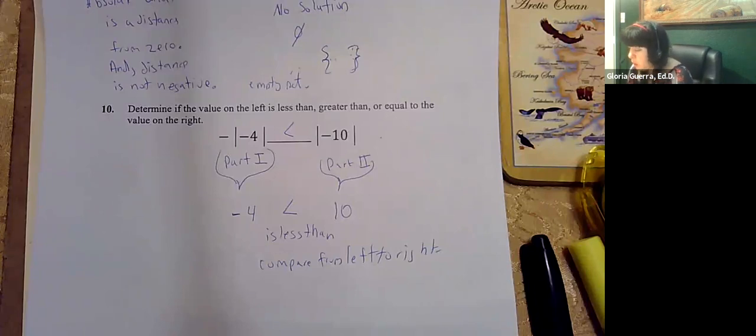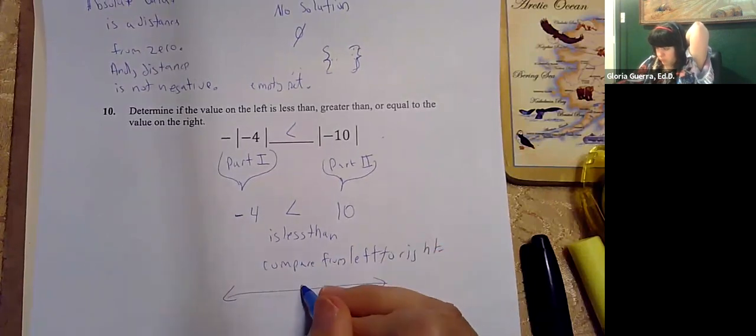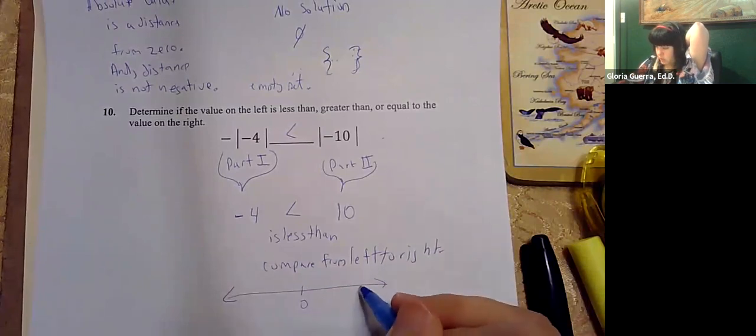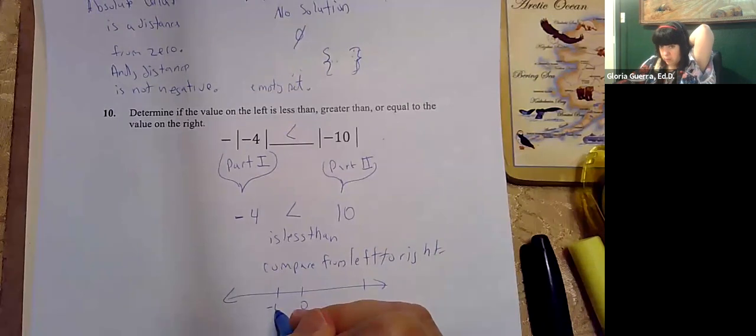I was going to draw a number line too to show you. Here's 0 just to give you a little orientation, and 10 is somewhere way over here, and -4 is somewhere here.